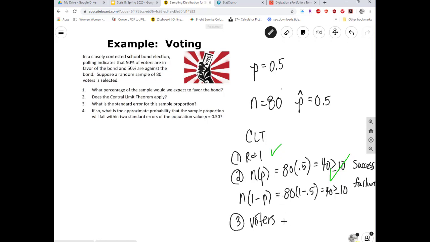Let's just say that there's 25,000 voters. There's a lot more than 800. So assuming that's true, I have met all three conditions of my central limit theorem, and I can assume normality.